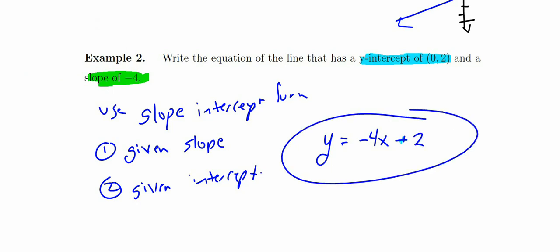So there's my equation of the line. If you're given those two pieces of information, it's really super simple, and you don't need to really do any work because it really is a fill-in-the-blank situation. The slope is the coefficient for x. The y-coordinate for that y-intercept is that number at the end.